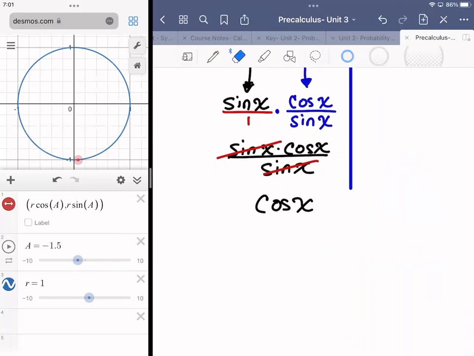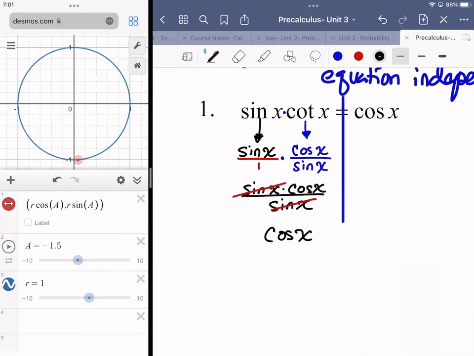So my impenetrable barrier didn't need to be so long, because after a couple of steps, I was able to demonstrate that just through a couple of modifications, one substitution and a little bit of algebra, I was able to get the left-hand side to be equal to the right-hand side. And so that's a proof. I just proved that this is an identity. It's a true relationship in all cases.